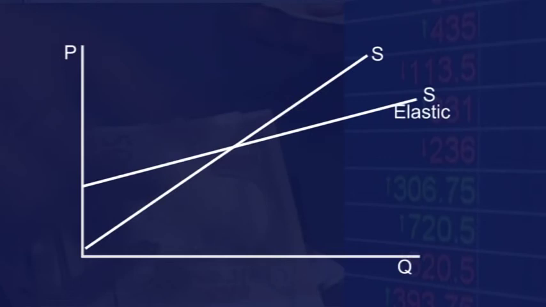Finally, if we had a supply curve which cuts the horizontal axis, like S star, although the value of the elasticity varies along the curve, we would find that at any point we would have an inelastic supply. Suppliers are less sensitive to changes in price. There's a less than unitary elasticity of supply.